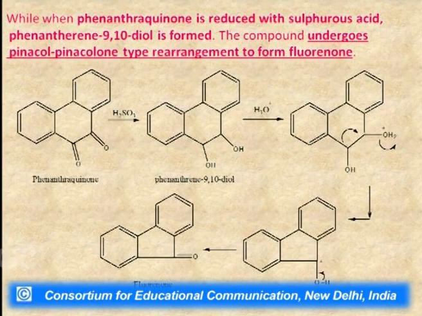pinacol-pinacolone type of rearrangement. In this type of rearrangement, first hydrolysis will take place at the 9,10-diol carbons. One of the diol hydroxy groups will undergo hydrolysis to form a water moiety, which will go out as a side product, and again this 6-membered centered ring will rearrange itself to form the 5-membered ring in the center, and then we get the final product fluorenone.